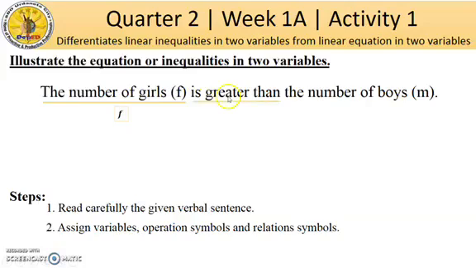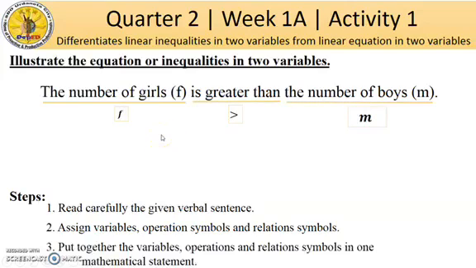Is greater than, and we will change this to the symbol of greater than. The number of boys, it was given that we will change this to variable m. So we have m. Now, we will put together, so we have f is greater than m. The number of girls is greater than the number of boys. So in symbol, we have f is greater than m.